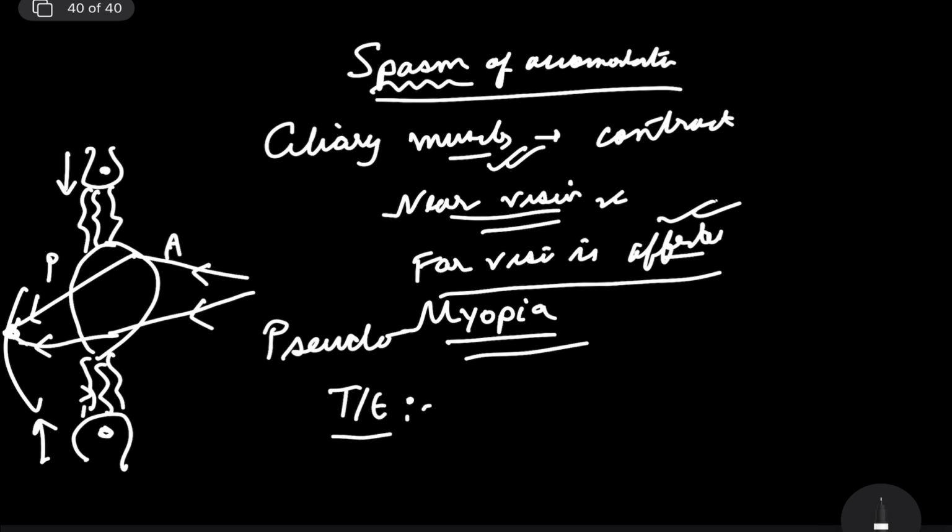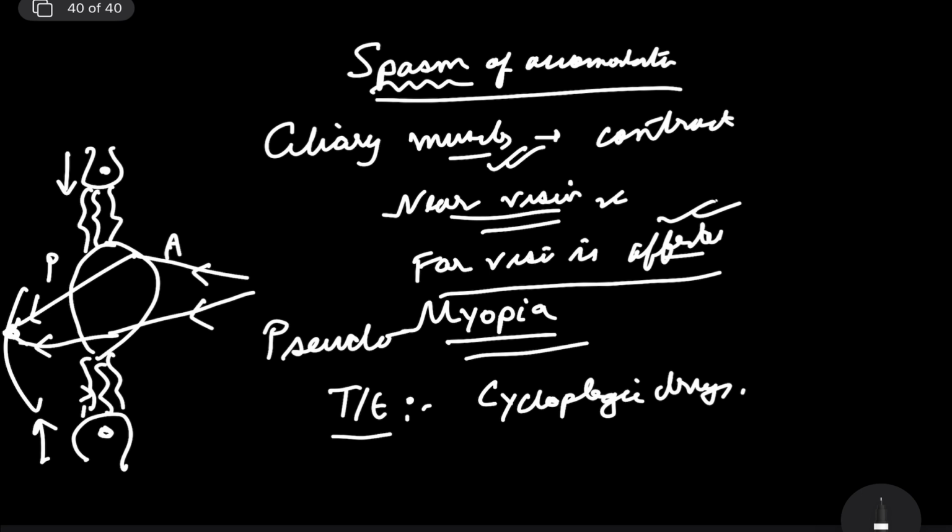So how are we going to treat this? We treat a spasm of accommodation by making the ciliary muscles relax. How do we relax them? We relax the ciliary muscles by using cycloplegic drugs. The near reflex also had miosis as a part, right?